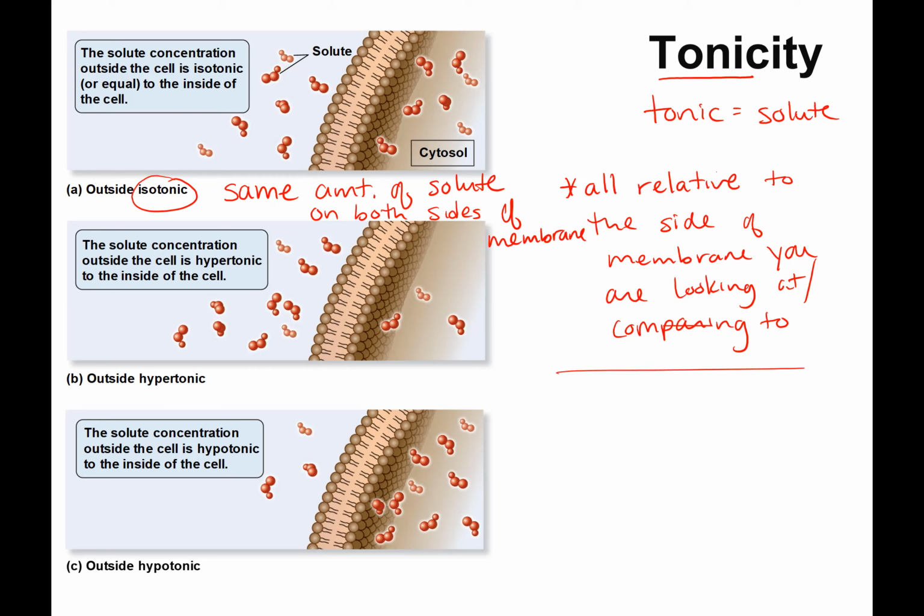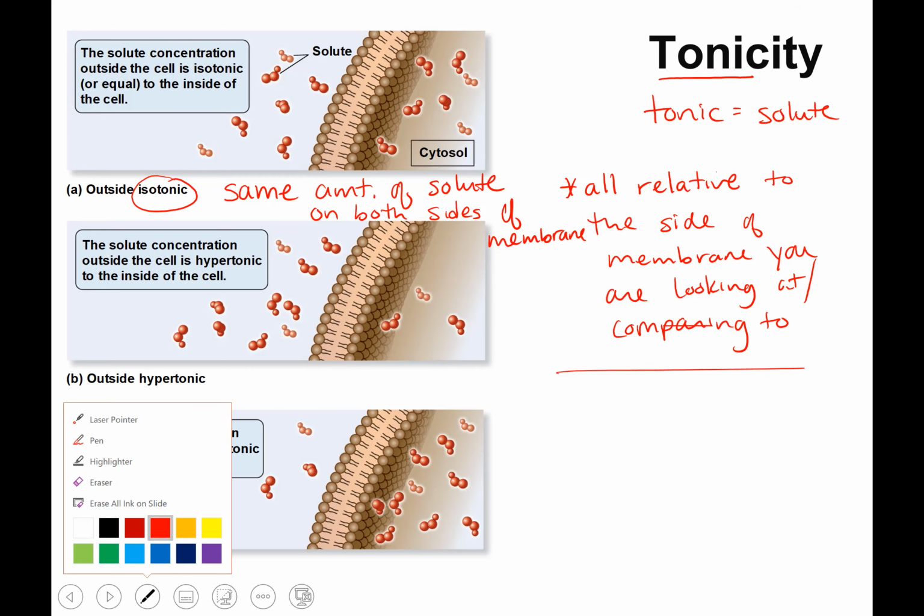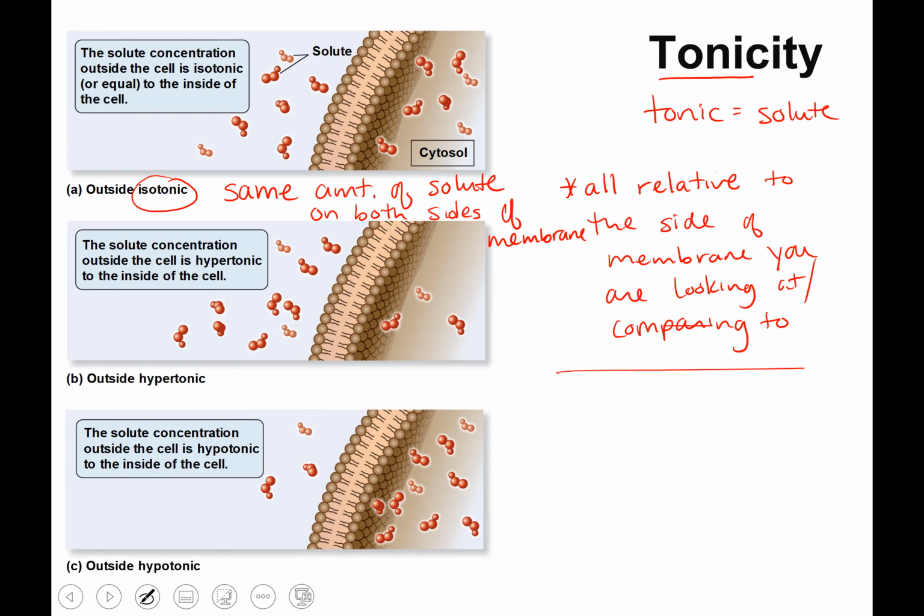So isotonic, same amount of solute on both sides of the membrane. Hypertonic means there's more solute on one side than the other. And hypotonic means less. Hypo means less. But it all depends on which way you're talking.